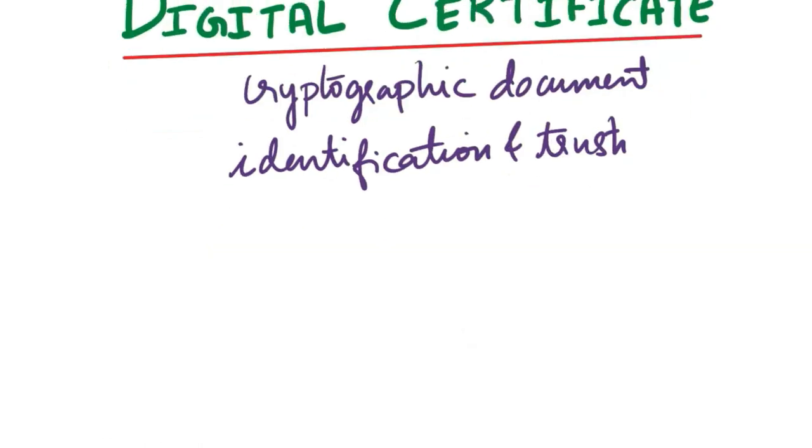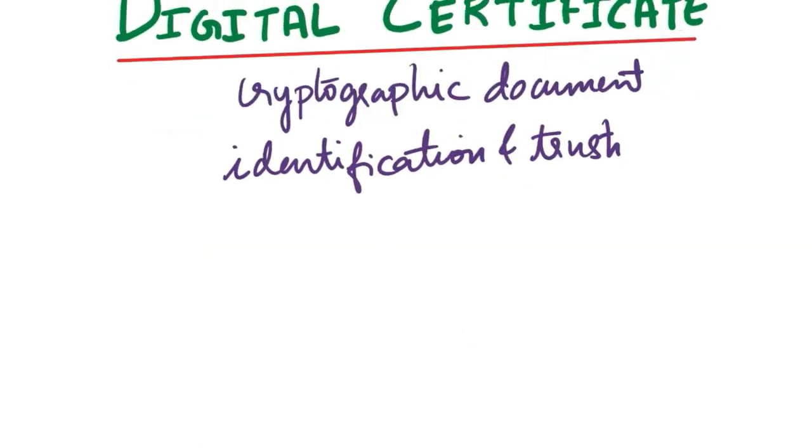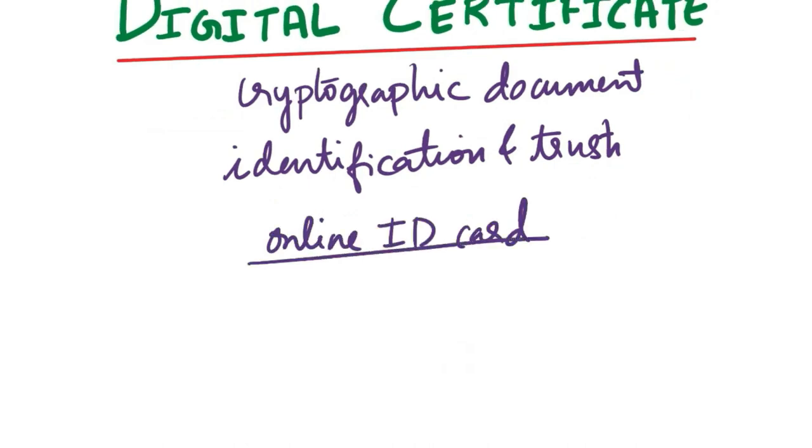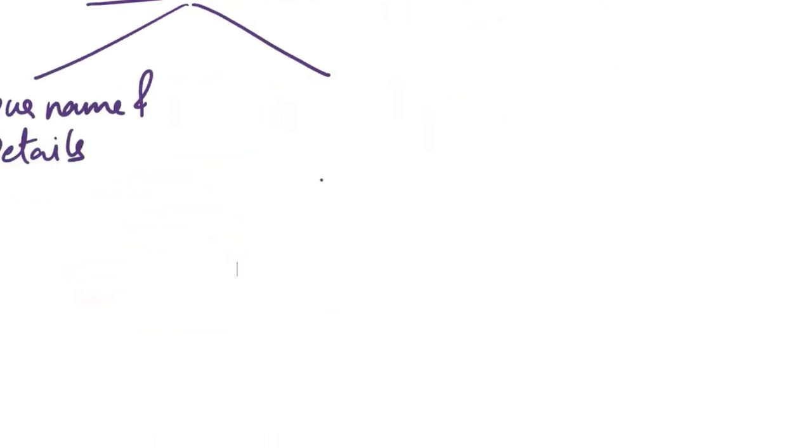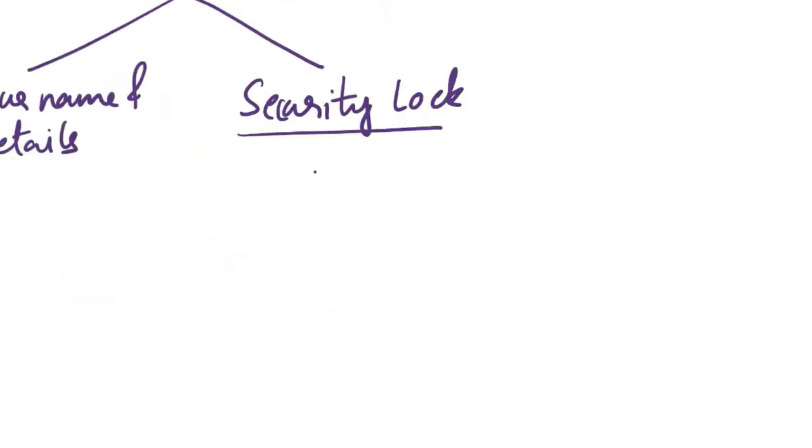So, in simple words, a digital certificate is a special online ID card with three main things. First is your name and details. That is, it contains your name, email address, and other information to confirm who you are or your organization. And then it has a security lock. This is your public key that is used to keep your online messages and data safe.